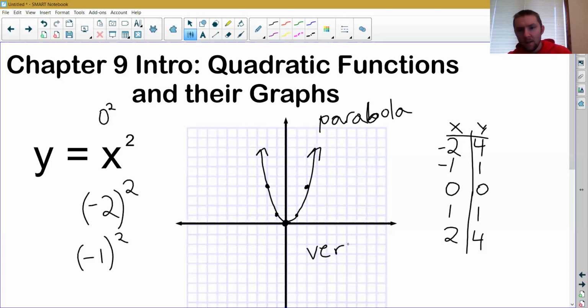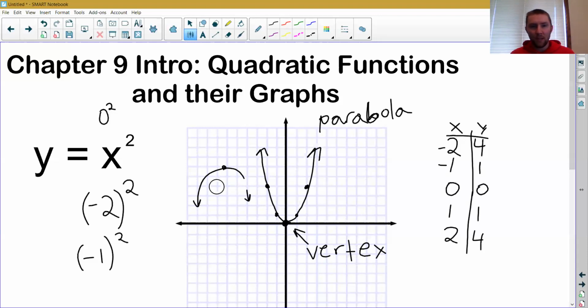So every parabola, every quadratic equation's graph, has something called a vertex. The vertex is simply the lowest point, or as I mentioned, if it gets flipped over, the highest point. So we could have parabolas that go down, and then the vertex would be the highest point.